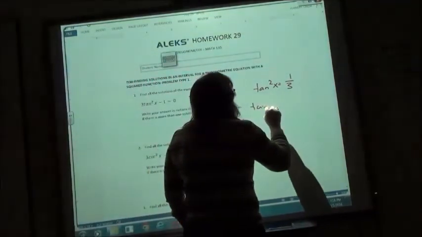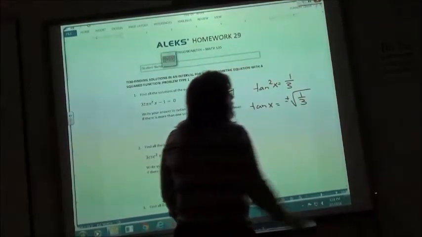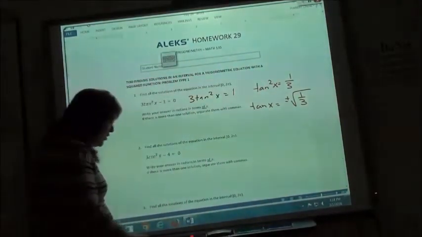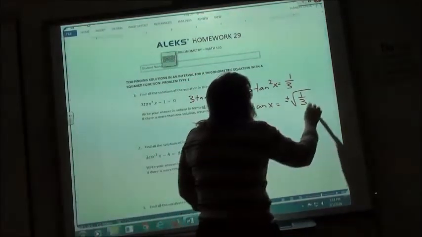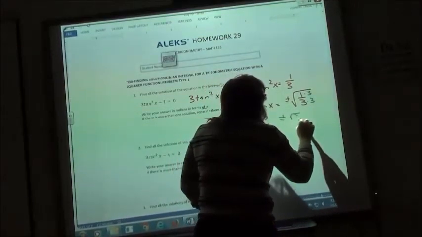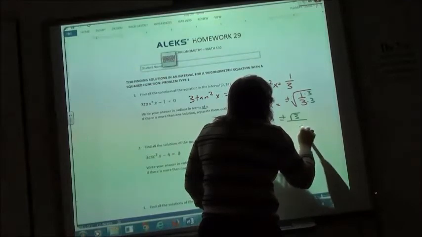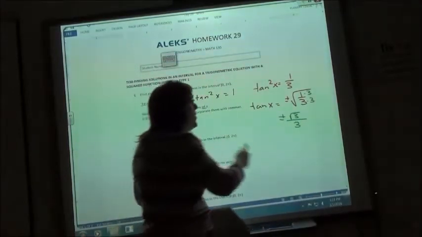So the tangent of x is going to equal plus or minus the square root of 1/3. Of course, I want to rationalize that. And so I'm going to multiply by the 3. And so I'm going to have plus or minus square root of 3 over the square root of 9, which is 3. I should probably write that up.